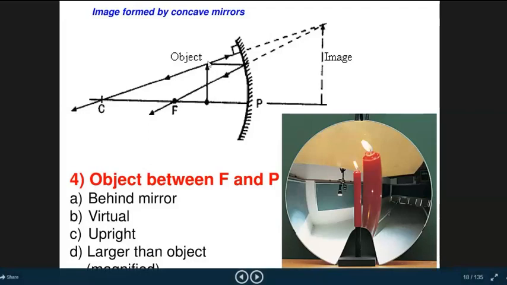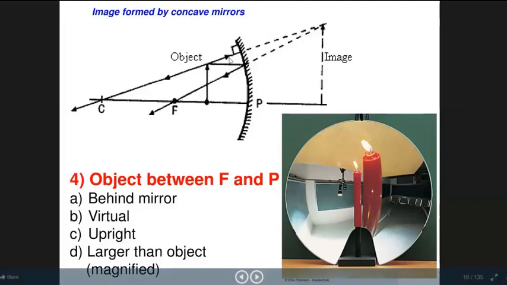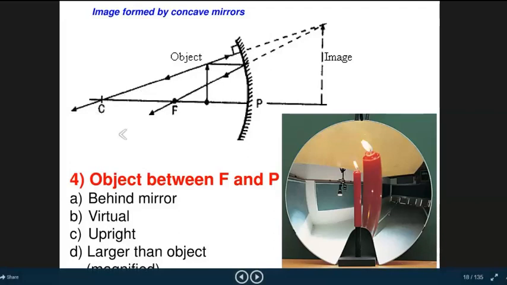The third special ray is drawn, and as it is perpendicular to the spherical mirror, it is reflected back like this. So we see here these two reflected rays will never intersect each other at any point, because these two reflected rays are diverging away from each other.